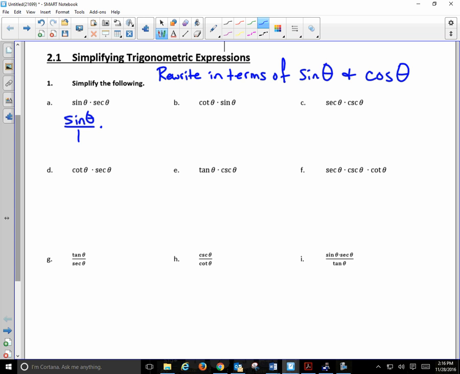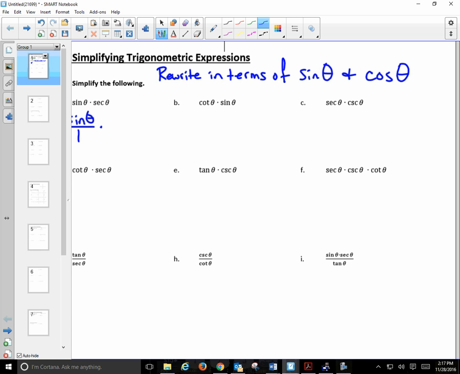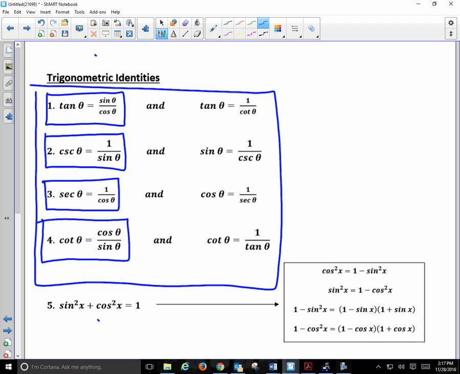Does secant have a sine or a cosine in it right now? The secant, we don't see a sine or a cosine listed. So I'm going to rewrite it. What on the previous page do you see that I can rewrite secant as? You might want to tear this sheet off. What can I rewrite secant as? 1 over cosine.